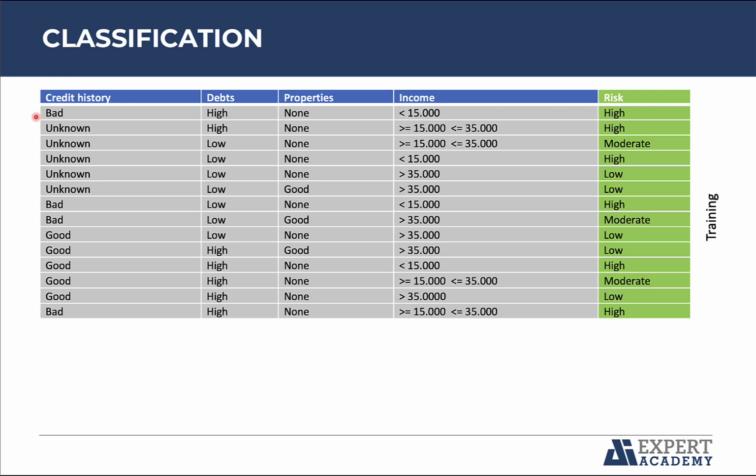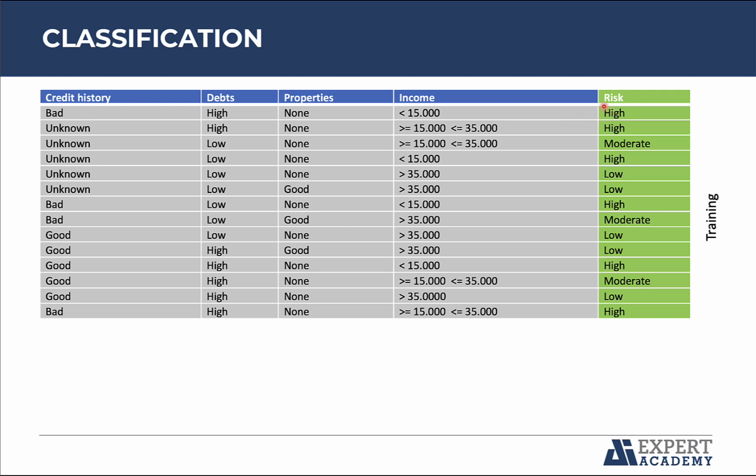Another important concept is that the bank needs to create this dataset, and all the rows are real customers of the bank. For example, let's suppose that this customer here, the first one: credit history is bad, high debts, no properties, and the income is less than 15.